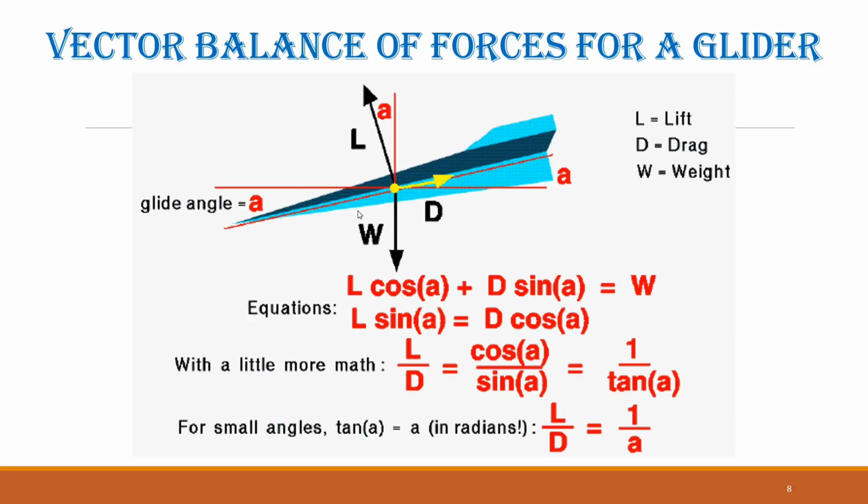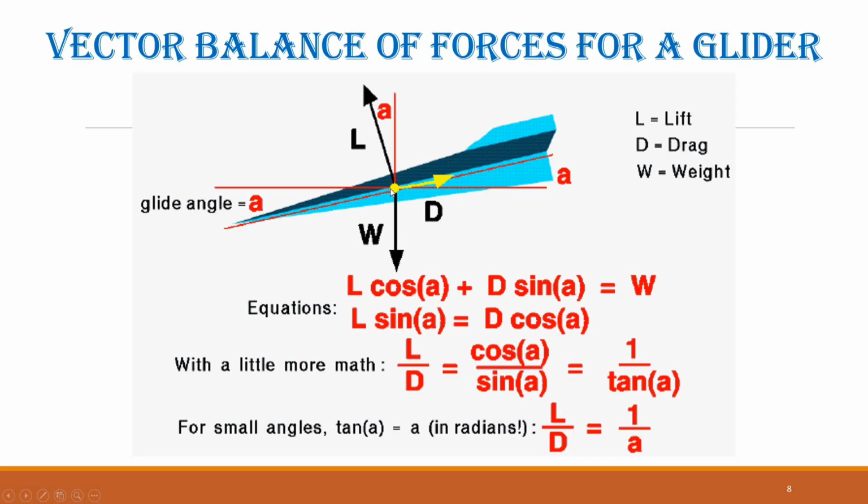The weight of the glider, represented by the symbol W, acts straight downward toward the center of the Earth. Because the horizontal red line is drawn parallel to the ground, the weight vector is perpendicular to this line. Drag, identified as D, acts along the sloping flight path but in the opposite direction of motion, resisting the glider's movement. Lift, labeled L, acts perpendicular to the flight path.